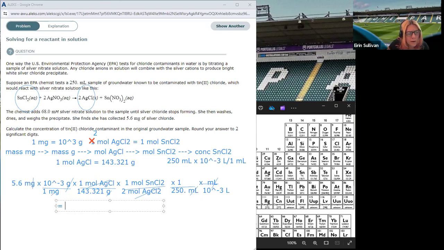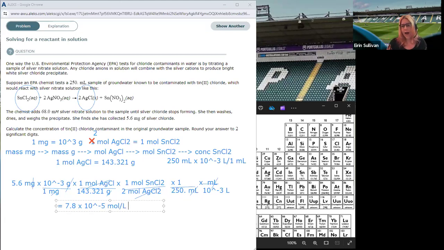And I am curious if you're actually asked to give this in terms of like millimolarity or something, because I don't have the ALEKS answer box, right? So it's 7.8 times 10 to the power of minus 5 moles per liter, okay, in molarity.